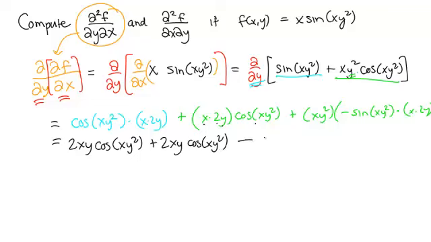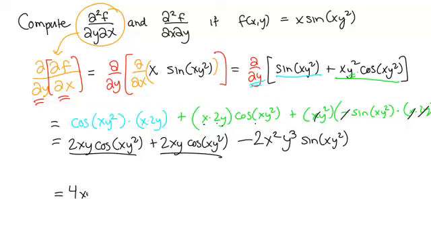And then here we're going to have negative. We have an x and an x. We have a 2. We have a y squared and a y to the first power, so y cubed, times the sine of xy squared. And noting that these two guys can be combined, that gives me a grand total of 4xy times the cosine of xy squared minus 2x squared y cubed times the sine of xy squared.